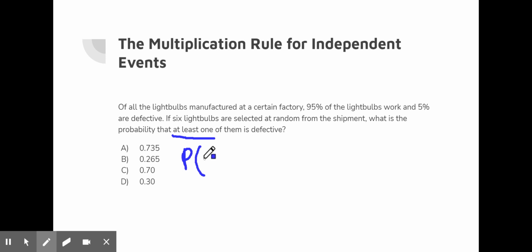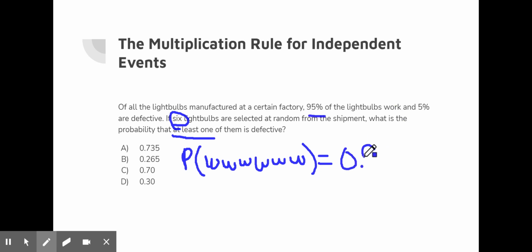So, well, let's find the probability of all of them being, if all of them work, right? And we have to do that 6 times because it's 6 light bulbs. So working 6. So I've got W's for working. And 95% is that work, so 0.95.